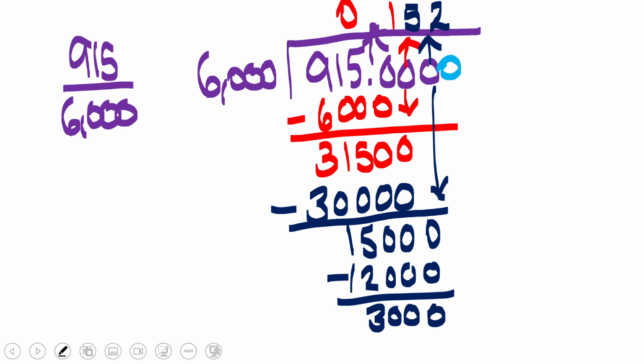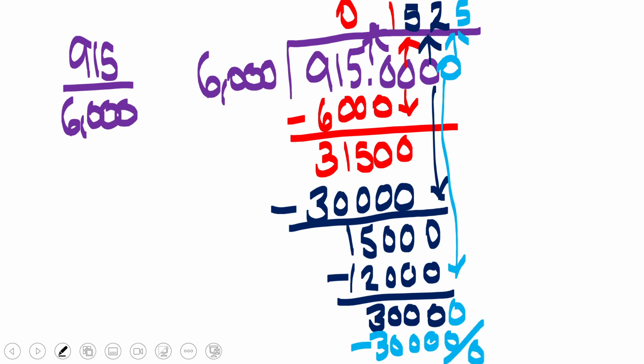And we can see something happening here. If we annex one more zero, bring down, work above, that's 6,000 fits into 30,000 5 times, and it ends our long division. So 0.1525, that is 1,525 10,000ths.